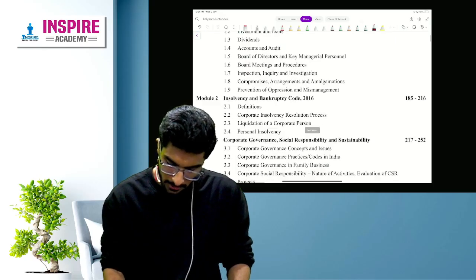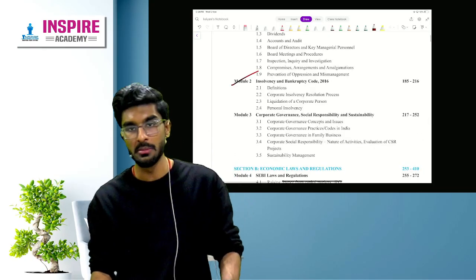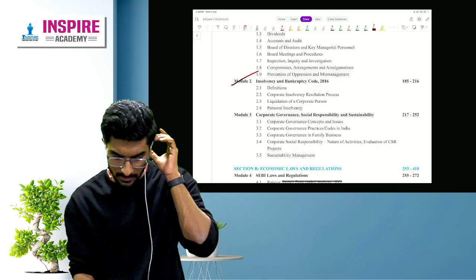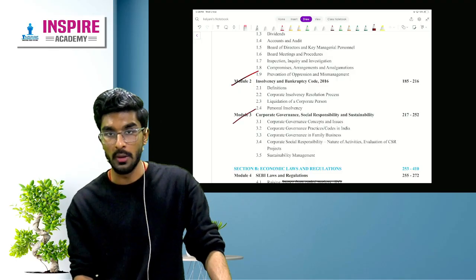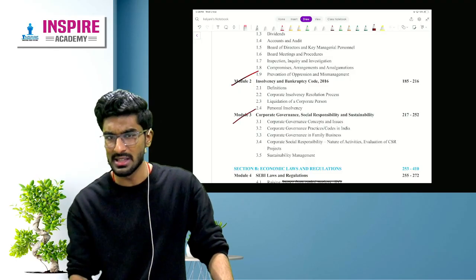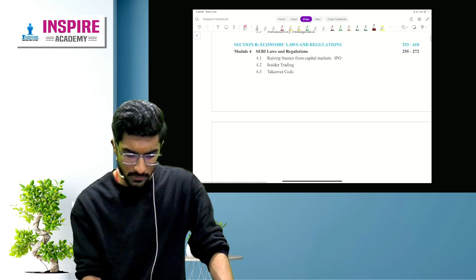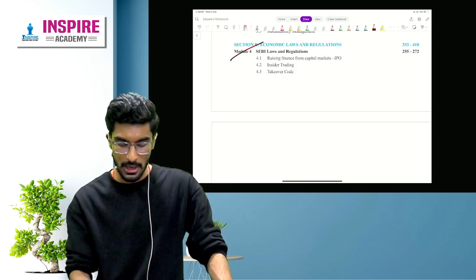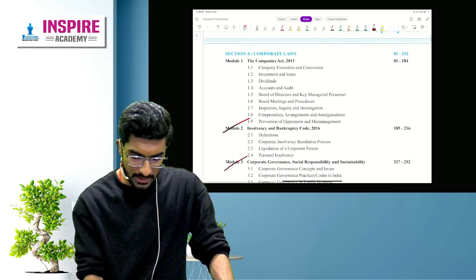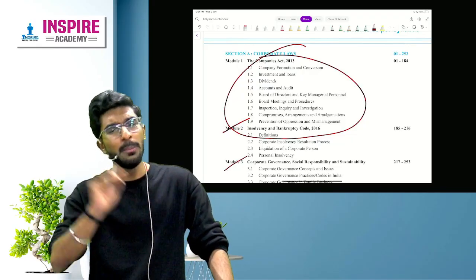We are done with the Insolvency and Bankruptcy Code, which will come in your exam for 7 to 10 marks. Then corporate governance, again 7 to 10 marks. We can say that 20 marks are done. And then we have also completed SEBI. So 30 marks.